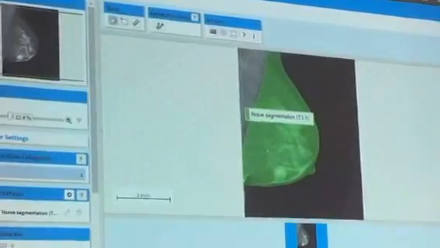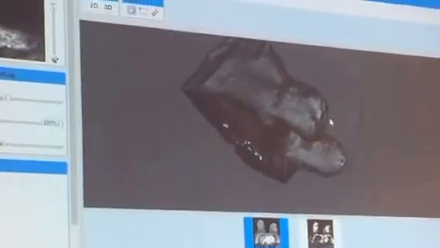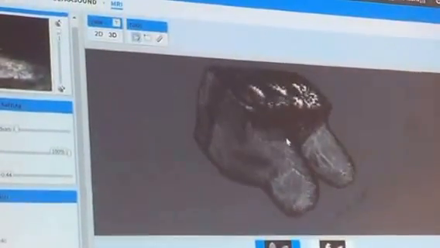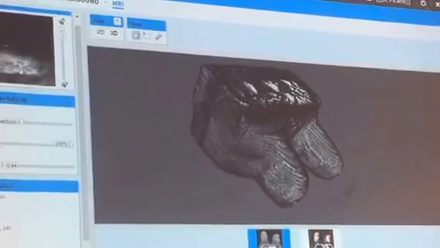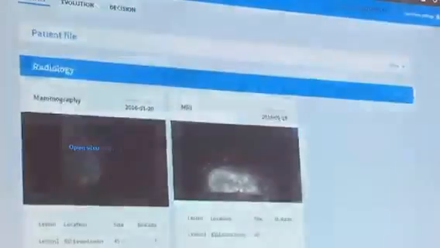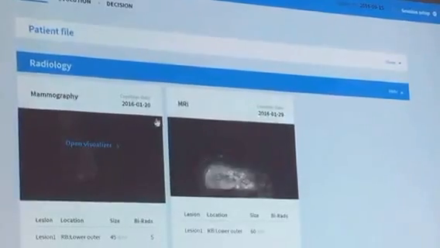If we go to the MRI, we can see a 3D image. If we change the brightness here, we have different parameters that we can modify. Clinicians could also see different images, and for them it's really important for making the decisions.